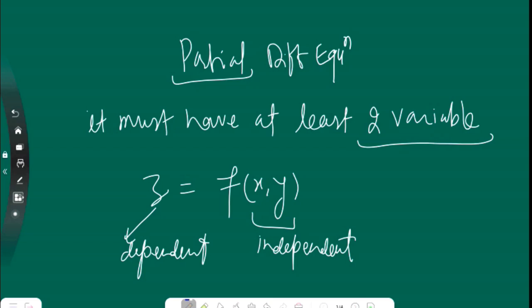So why do we need to have 2 variables? We need 2 variables because we will differentiate it in parts. That is why it is called partial differential equation. So we assumed there is a function called z, which is f(x, y), and there are 2 independent variables and 1 dependent variable.